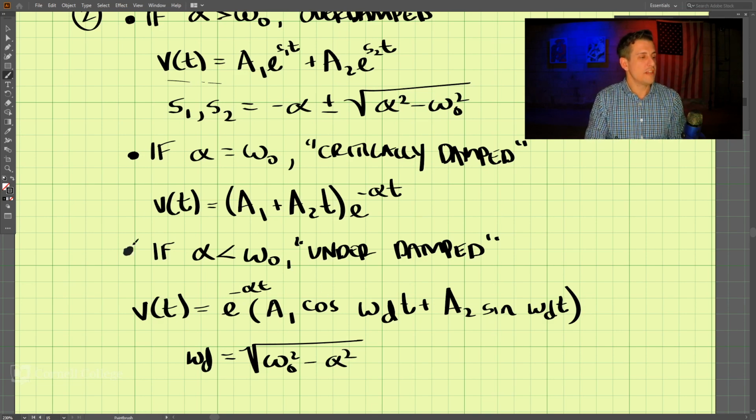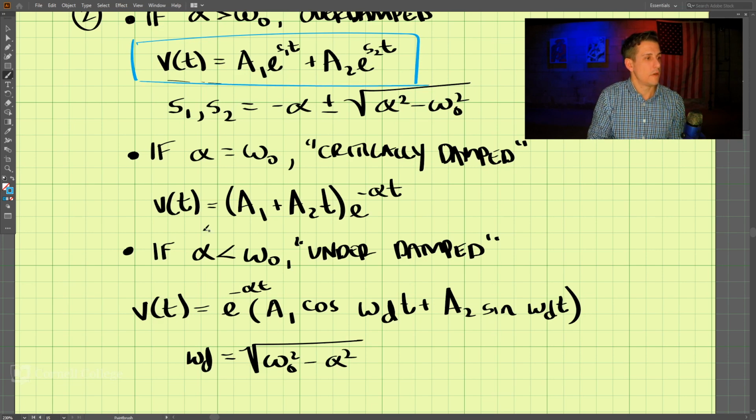So with these three conditions, we have our three equations. We have our three equations here. This is our first equation, our second equation, and then lastly, our third equation.